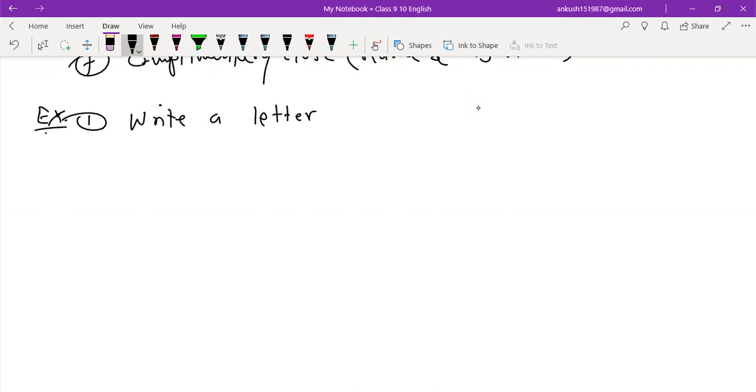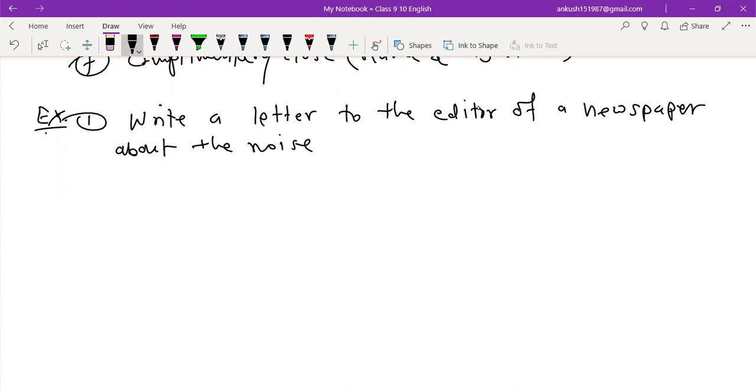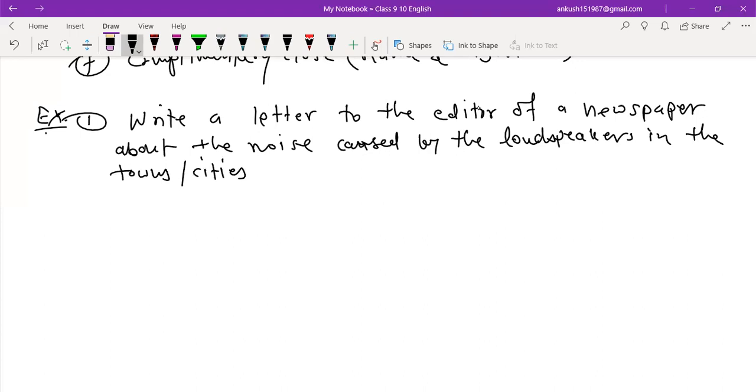Write a letter to the editor of a newspaper about the noise caused by the loudspeakers in the towns or cities during exam periods or days, you may write exam days.